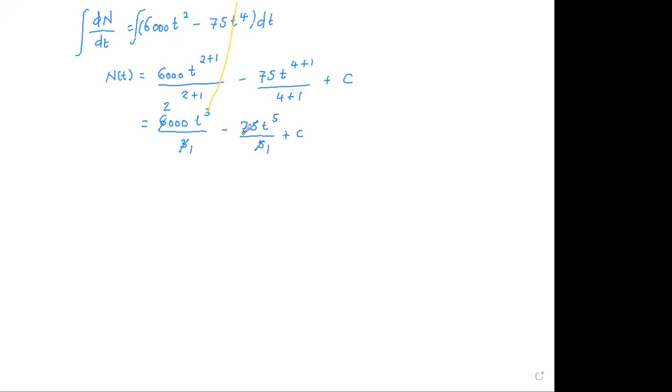It's what? 15. So we'll have 2,000 t cubed minus 15 t to the 5 plus c. Like that.